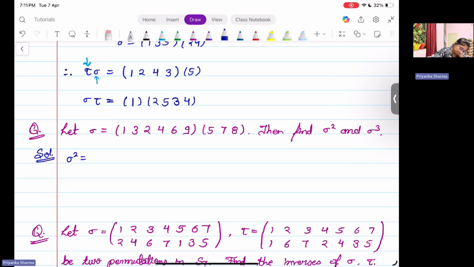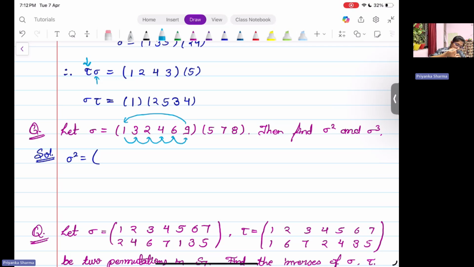So what will be sigma square? See, if we have sigma, 1 goes to 3, 3 goes to 2, 2 goes to 4, 4 goes to 6, 6 goes to 9, and 9 goes to 1. That is, in the cycle, we write just the next element there.